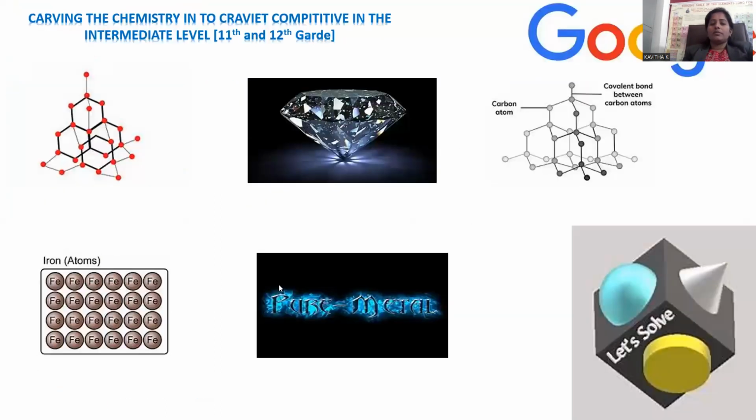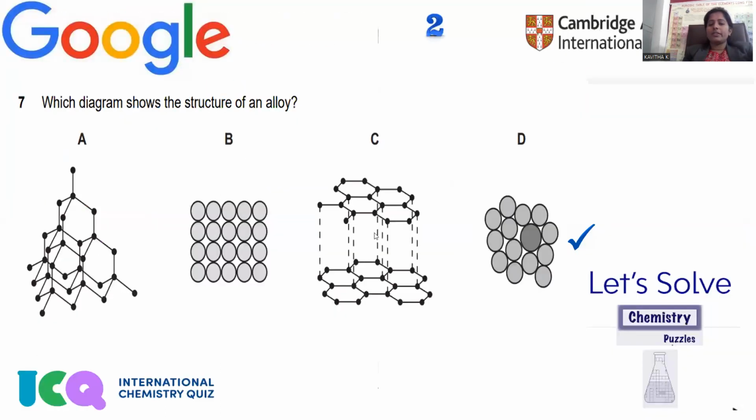Moving on, the third geometry is assigned for graphite. Graphite is made up of carbons again. All the carbons are hexagonally packed. This hexagon means six corners are available, and another hexagon.